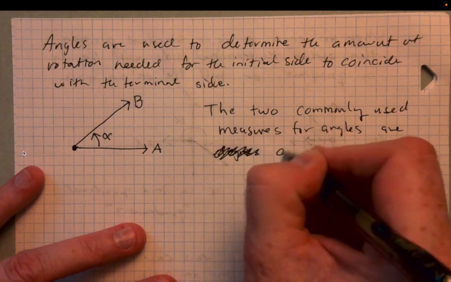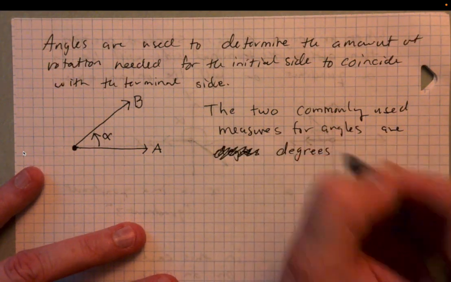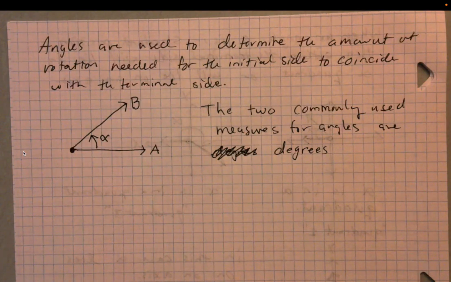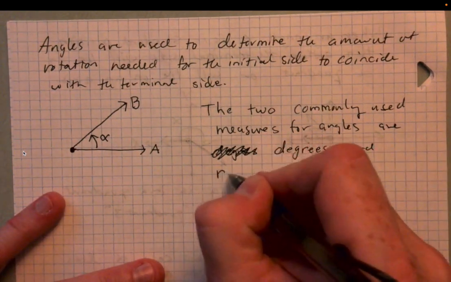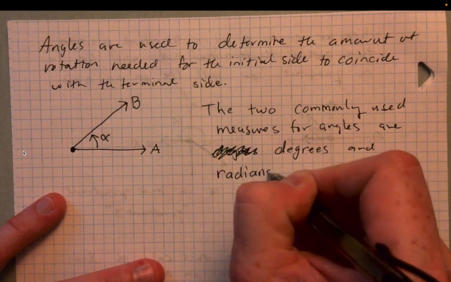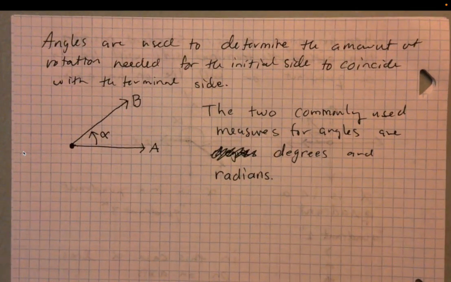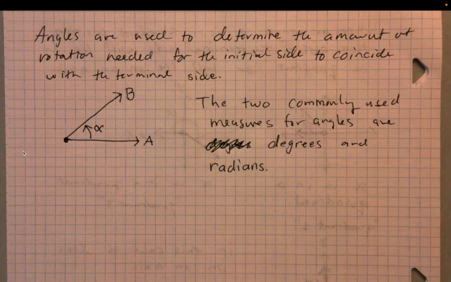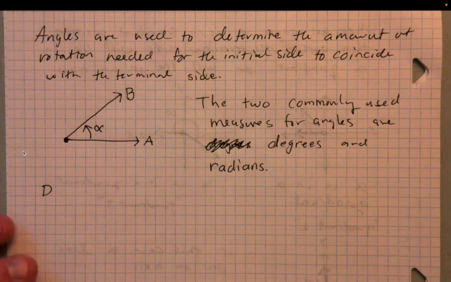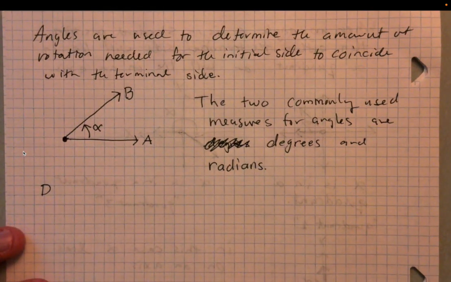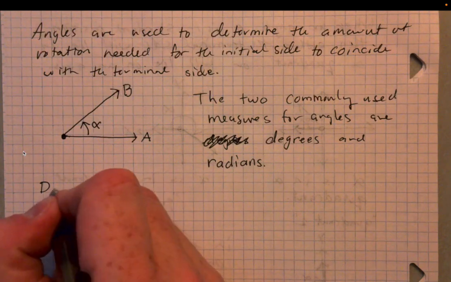The two commonly used measures for angles are degrees, which most people have probably heard of, and radians, which most people have probably not heard of. Because people are more familiar with degrees, we'll start with degrees, develop some intuition with regard to degrees, and then contrast that with radians.